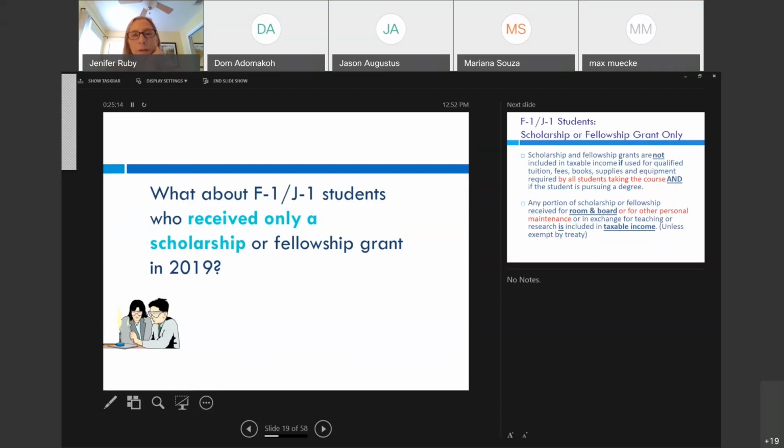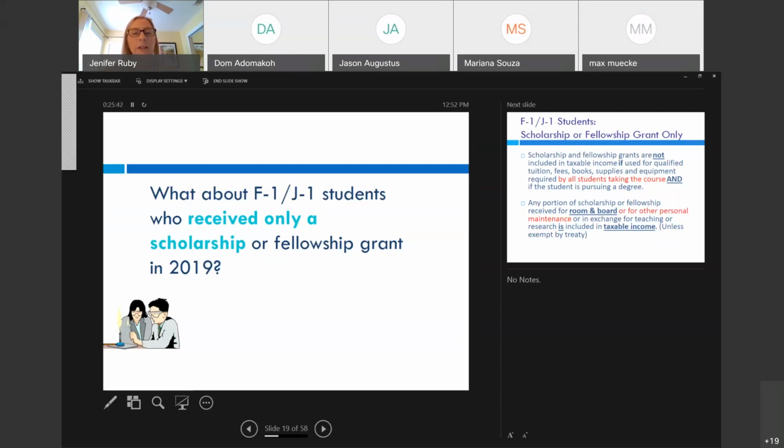If your only form that you need to do is the 8843, or if you have taxable scholarship, those forms are going to be due June 15th. So you still have plenty of time, and as you saw, 8843 is quite simple. So fill it out, keep a copy or a scan somewhere in your records, and then you need to actually submit it by hard copy to the address that we'll provide at the end.